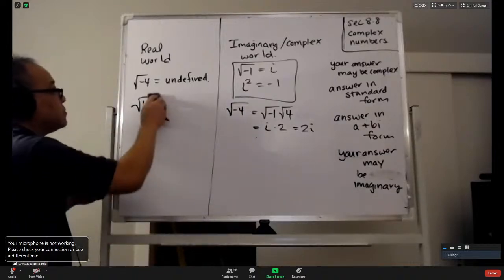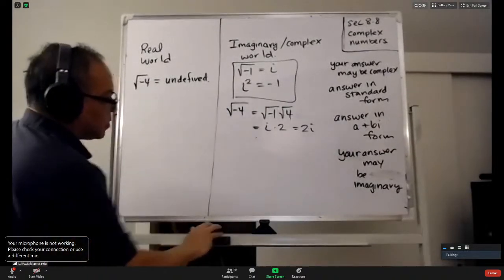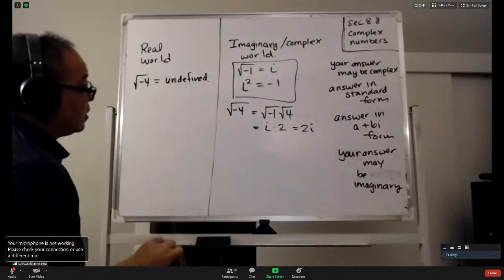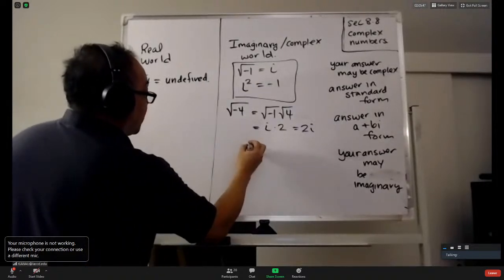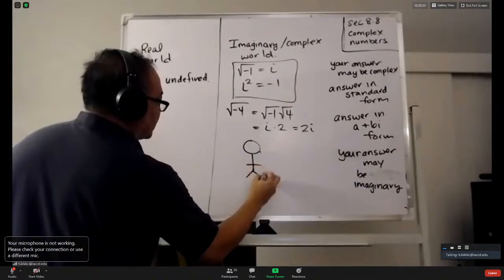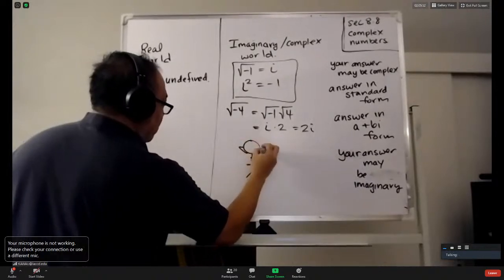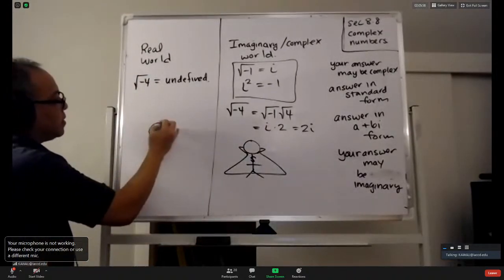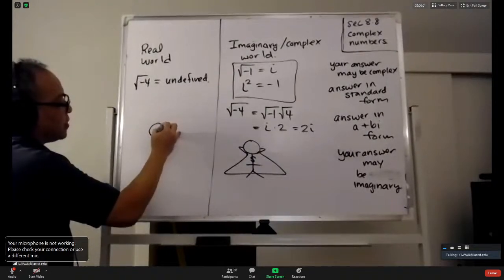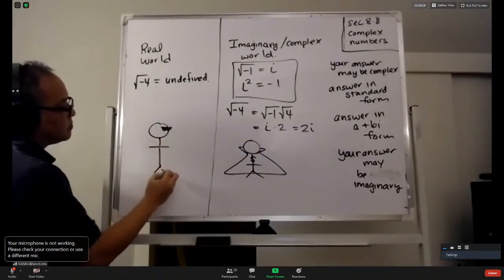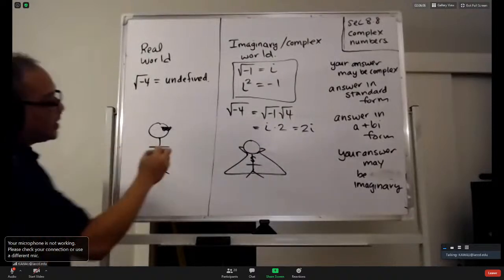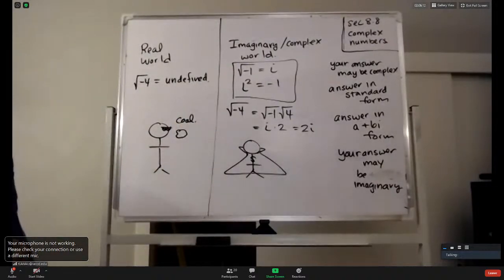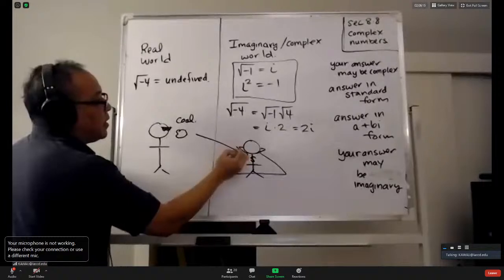Now, the way you want to think about this is Superman. Superman in the imaginary world is very strong. Clark Kent in the real world is just a regular person. He's very weak. So let's say he has a piece of coal, and then he travels to this imaginary world.